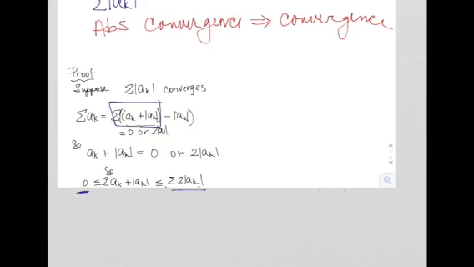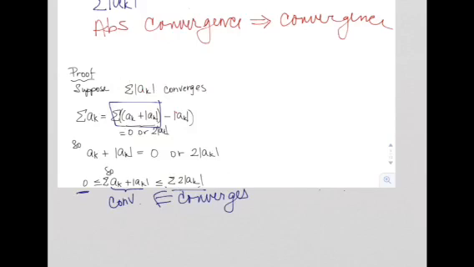Because we know from the beginning that the sum of the absolute value of a sub k converges, that means that this too converges. Even though there's a multiplier of 2 here, that doesn't matter. You can take the 2 out, and that will still converge. If that converges, by the comparison test that we learned last time, we now know that this converges.